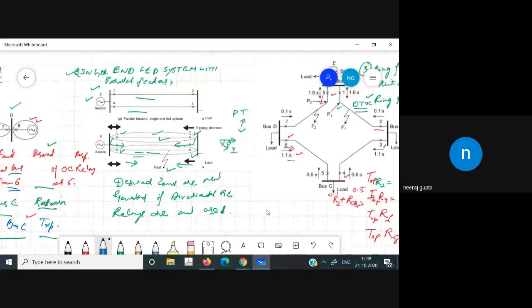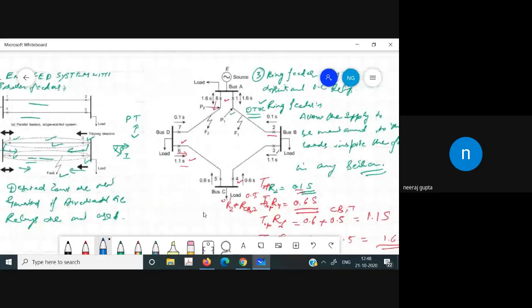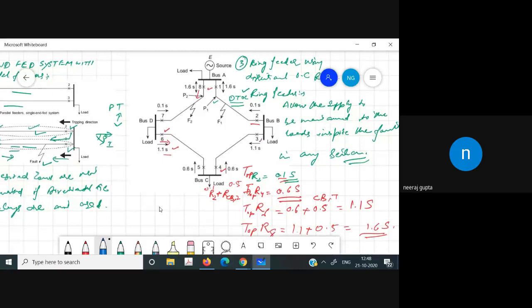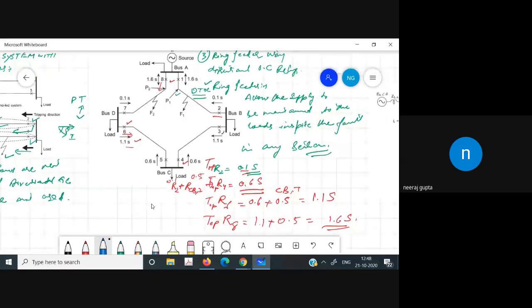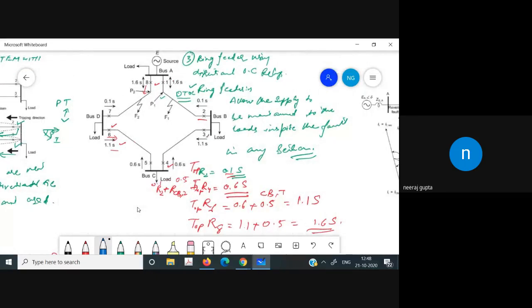And third, we have the ring feeder, in which the directional overcurrent relay is used, and we assumed a DTOC kind of relay and calculated how the time of different relays can be fixed. One principle we have to take into consideration is that the relay will trip only when the power flow is away from the bus.